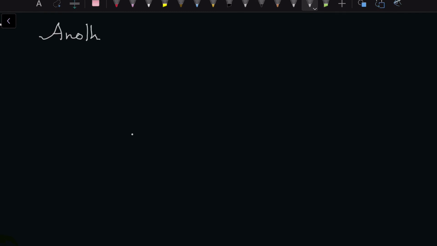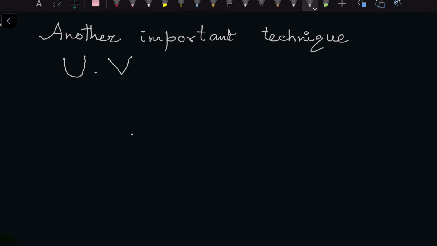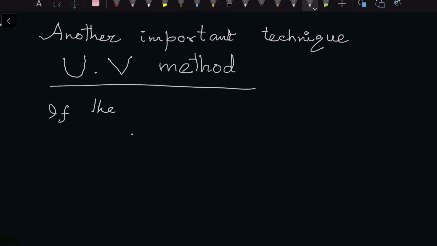UV method. Are you ready for this? Simple, not so tough. But I would say this is an important formula. You would be facing this in sound and in other chapters in class 11 as well as class 12. What is this UV method?